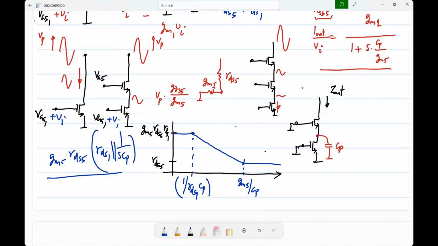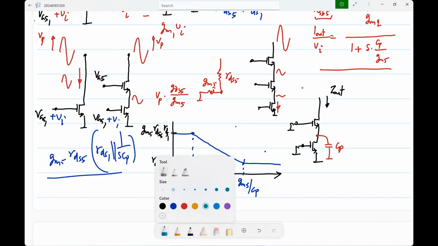This cascode transistor is operating with negative feedback, and that's what gives you higher output resistance. And in general, for any negative feedback system, the loop gain falls with frequency. So the factor by which the impedance is boosted falls with frequency. You get a very high output resistance, but as you go to high frequencies, you get lower output resistance.